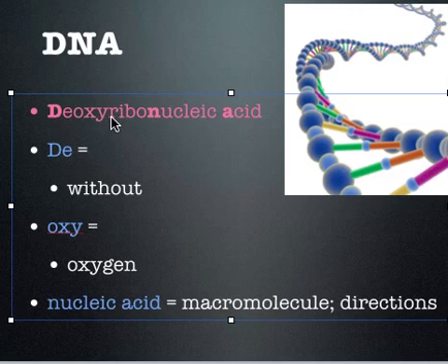And the ribo is actually the name of the sugar. So what this big long phrase, deoxyribonucleic acid, means is it is a nucleic acid that has the sugar ribose and it's missing an oxygen atom.